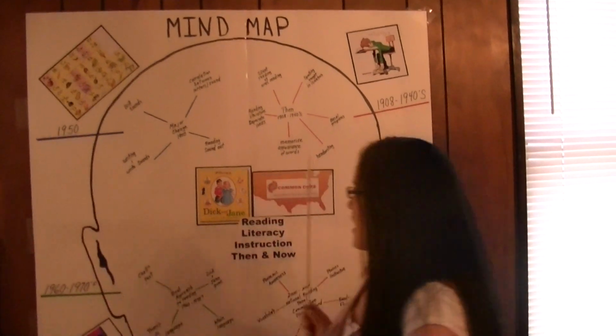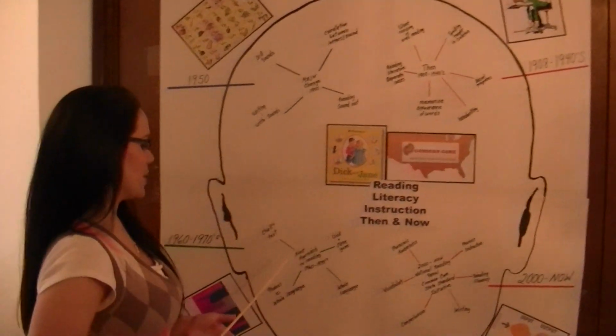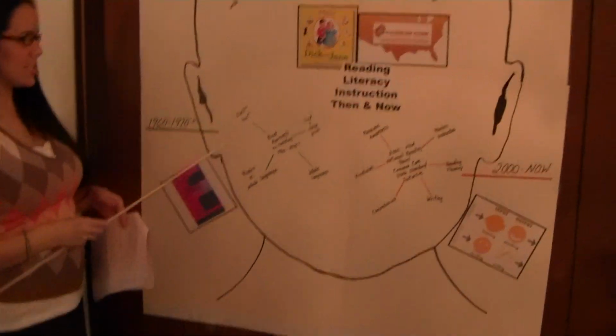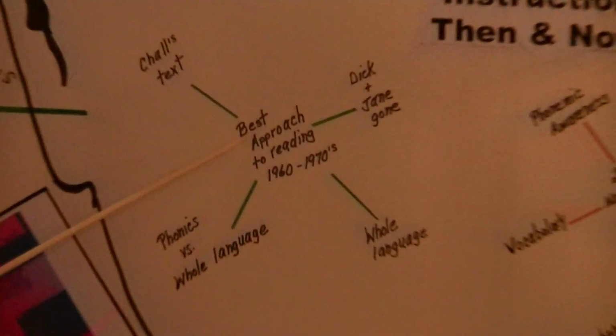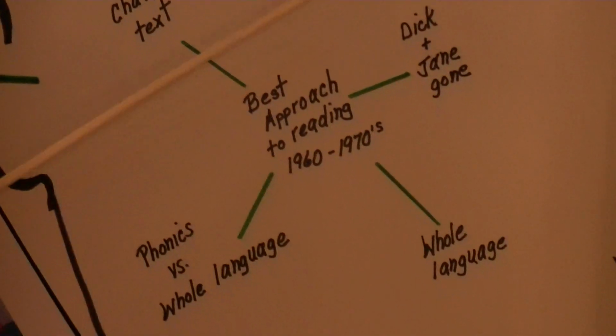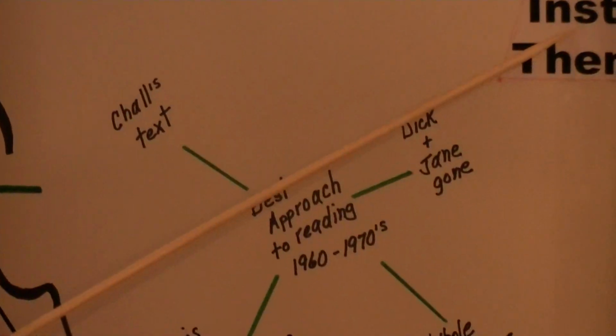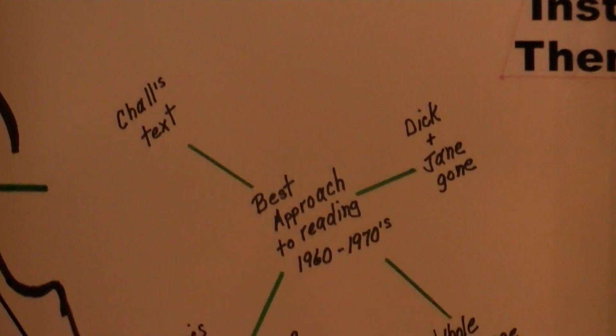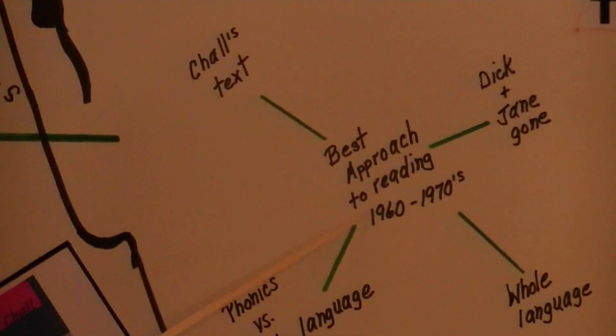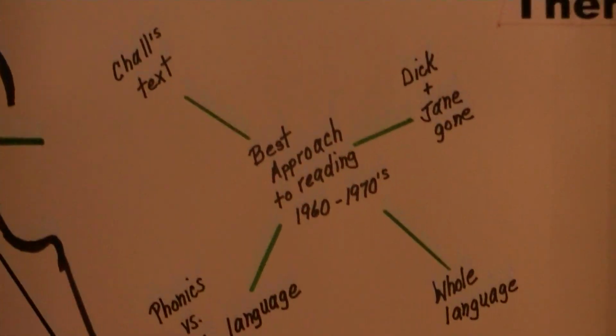Right. So then I'm going to move to the next quadrant, and here my main subtopic, branching off from my major topic, is the best approach to reading, which took place in the 1960s to the 1970s.